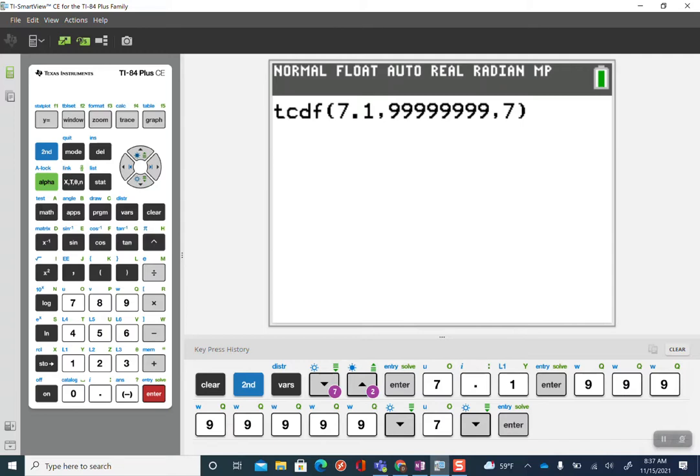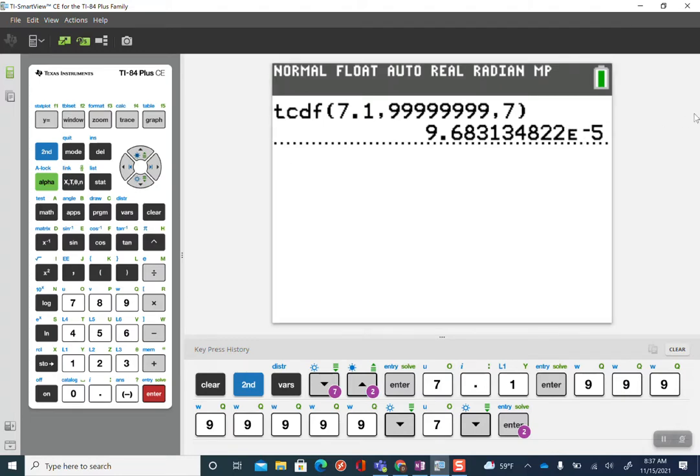The degrees of freedom at the end tends to trip people up. They keep getting an error message because they're forgetting the degrees of freedom at the end. It'll tell you what your p-value actually is. With 7.1, it was 9.68 times 10 to the minus 5. The calculator shifted into scientific notation with the E-5 on the right-hand side.